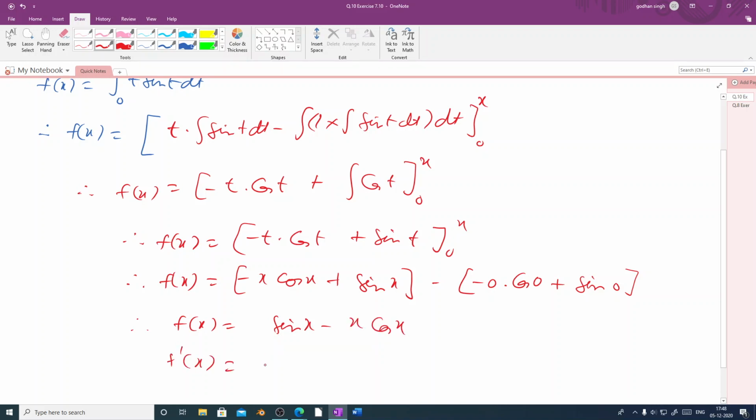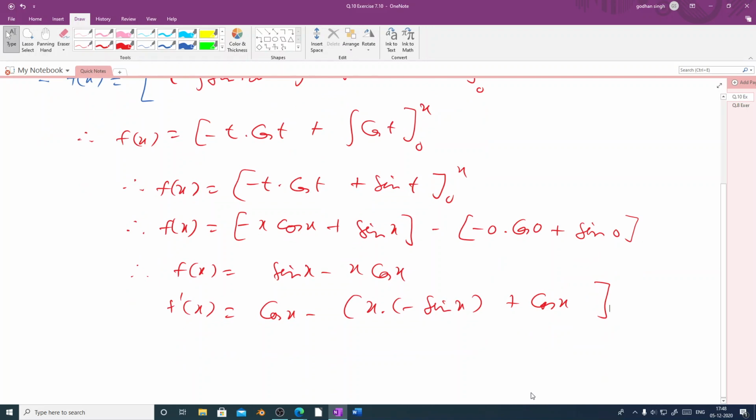f dash x equal to cos x minus this x into differentiation of cos x is minus sin x, plus cos x into differentiation of x is 1. So now, therefore f dash x equal to, we'll be getting cos x plus x sin x, and this will become minus cos x.